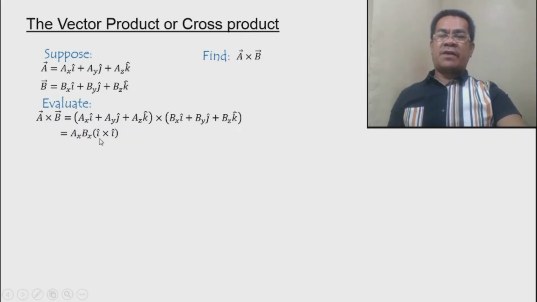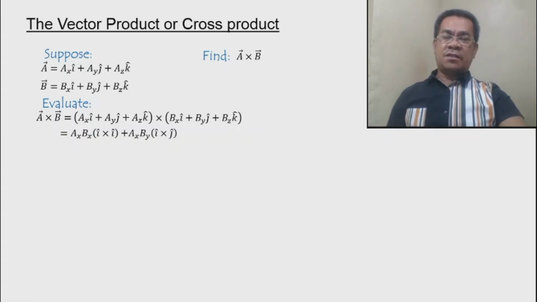The first factor is multiplying this one with this. We have AX BX, and take note, we isolate the vector, so it should be I cross I. So AX BX, I cross I. Then next, AX BY, I cross J. You cannot interchange, because if you do, it has a different meaning and changes its direction.